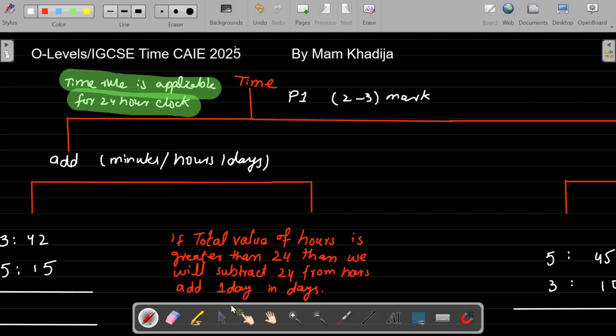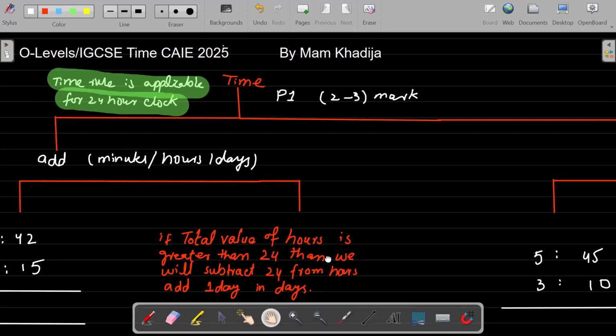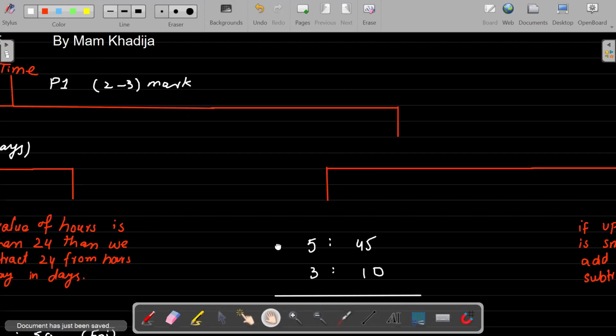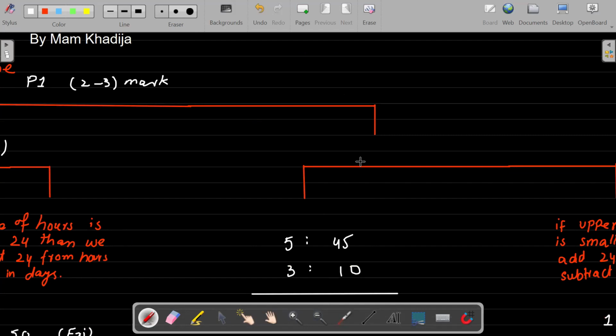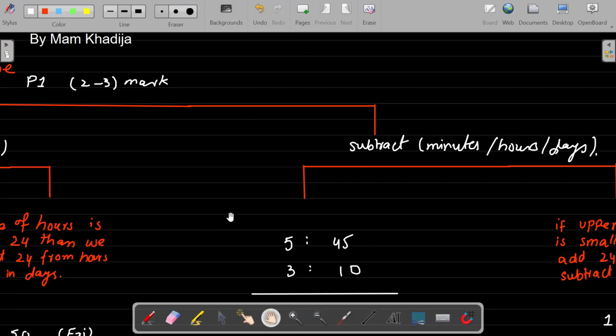In the same way, you will be subtracting from minutes, hours, and days.